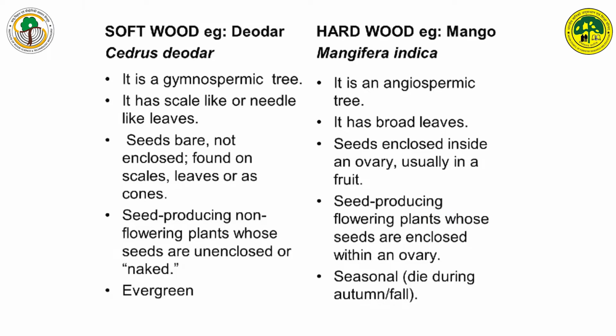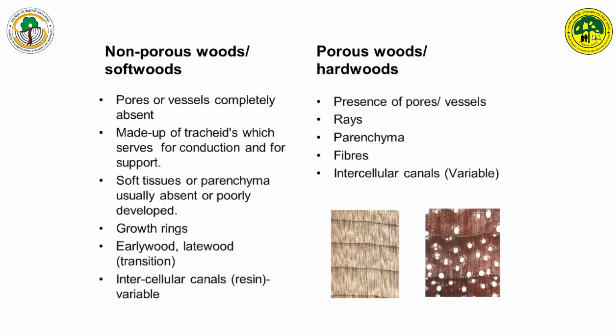Whereas the hardwood is an angiospermic tree, and it contains broad leaves, and seeds are enclosed inside an ovary, usually in a fruit. These are seed-producing flowering plants whose seeds are enclosed within an ovary.